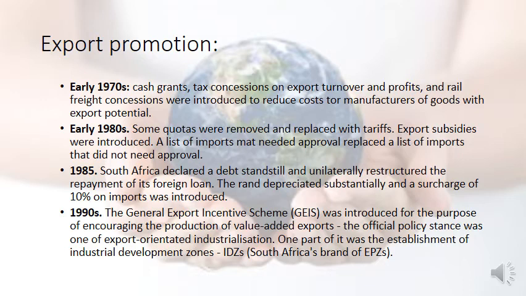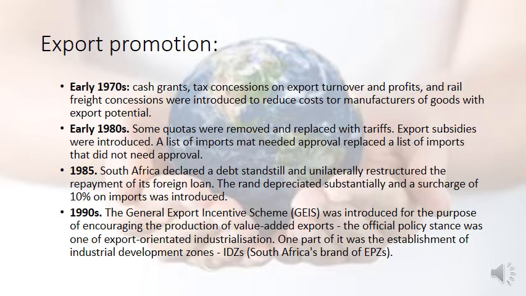In the 1980s, some quotas were removed, they were replaced with tariffs, and there was a list of imports that needed approval, which replaced a list that didn't need approval. So in 1985, South Africa declared a debt standstill, and they restructured the repayment of foreign loans. The rand depreciated, and there was an extra charge of 10% on imports.